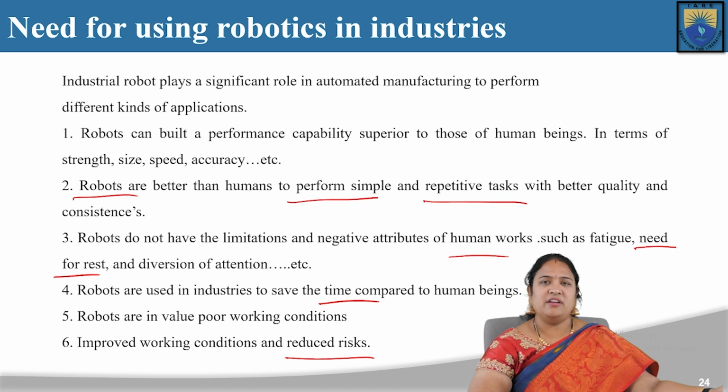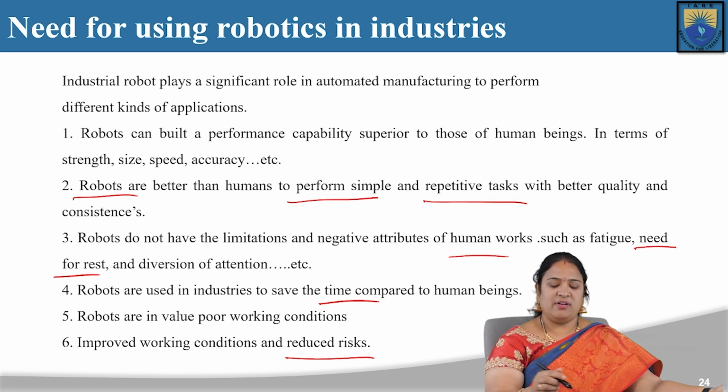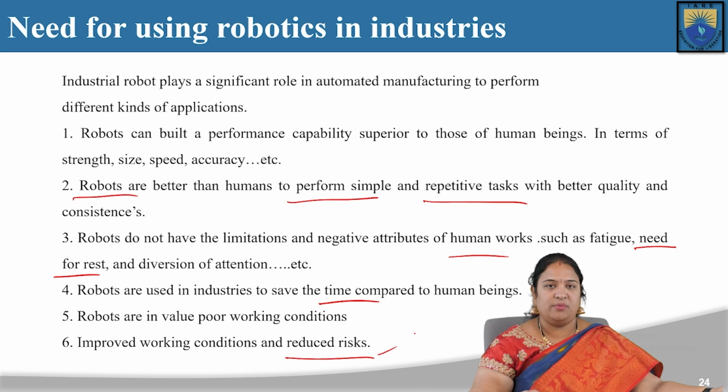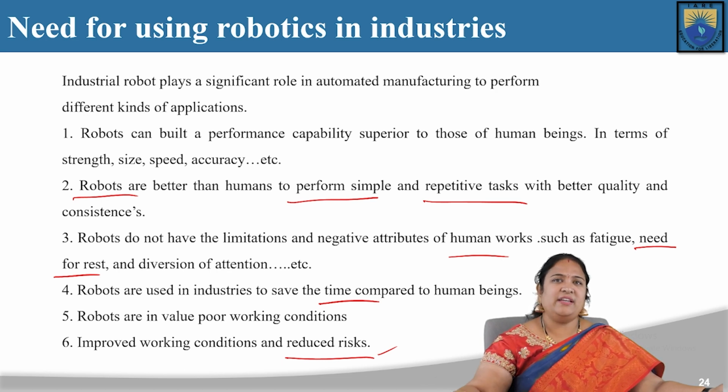So these are a few of the needs of robotics in industry, why and how, and in what kind of ways these robots are more advantageous than humans, and how they can be used in industries, right?